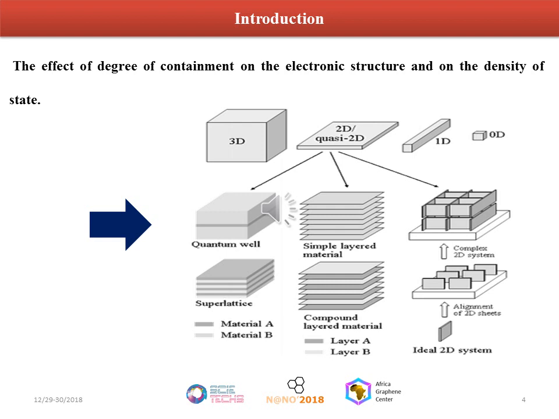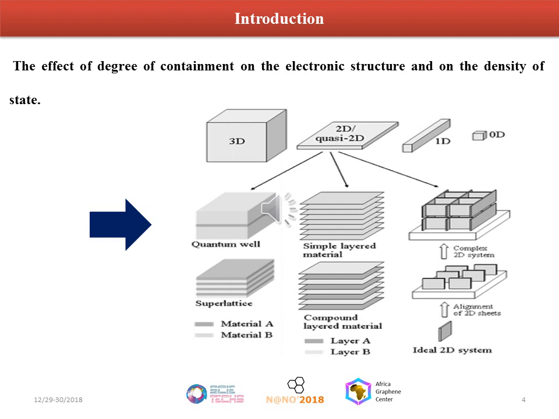For the classification of low-dimensional materials by their degree of confinement, we have the three-dimensional materials, or bulk structure, where electrons and holes are free to move in all three dimensions of space. We also have what we are interested in, the two-dimensional materials, called quantum wells or thin films, where electrons easily move in two dimensions of space.